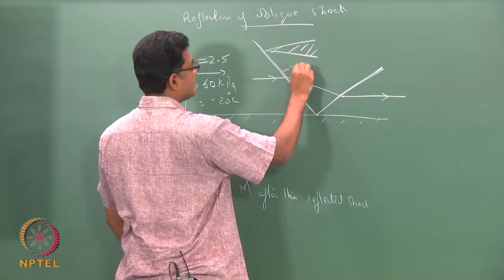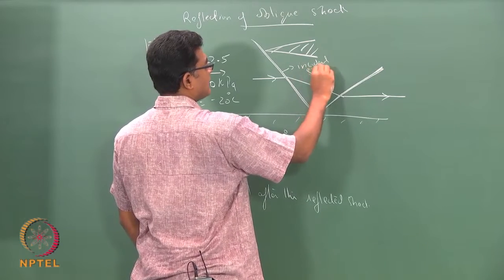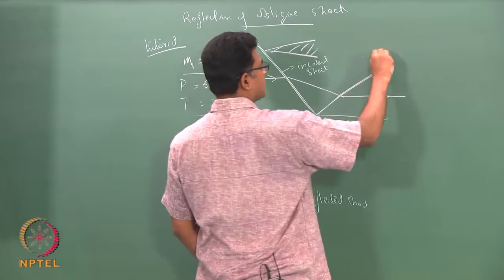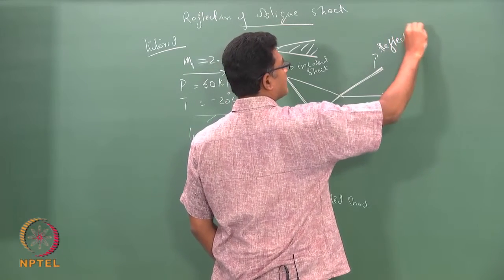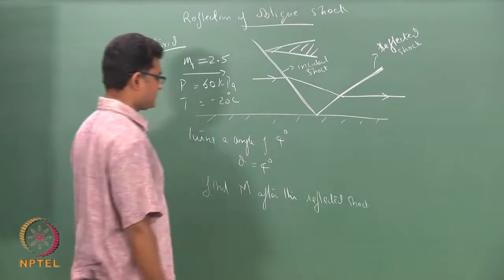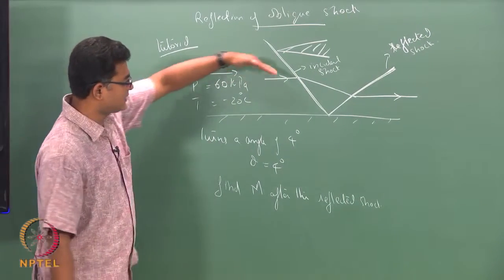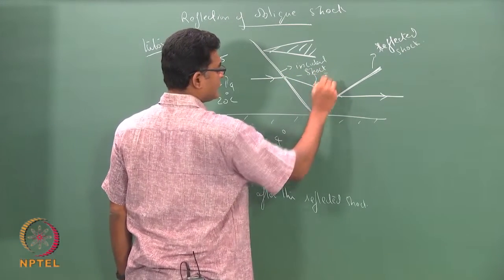So this is my incident shock and this is my reflected shock. So it comes and turns by 4 degrees.